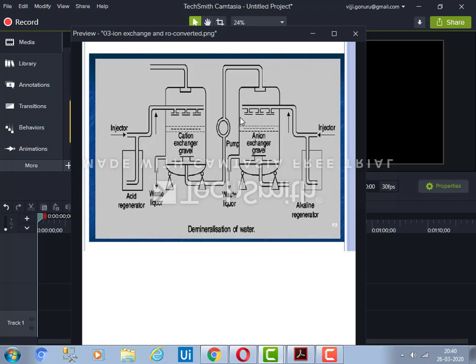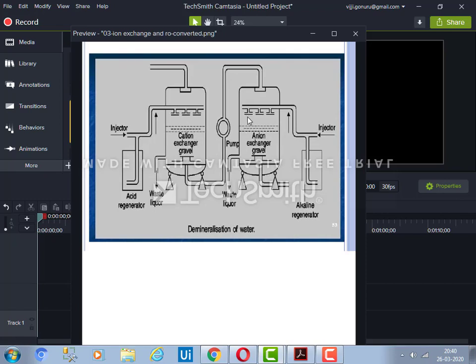So there is no free H+ and free OH minus for replacing new cations and new anions in the water sample. That means after some time these two are exhausted and we can't use them by passing the water sample. So what we have to do is regenerate them. The regeneration process is nothing but a recycling process.